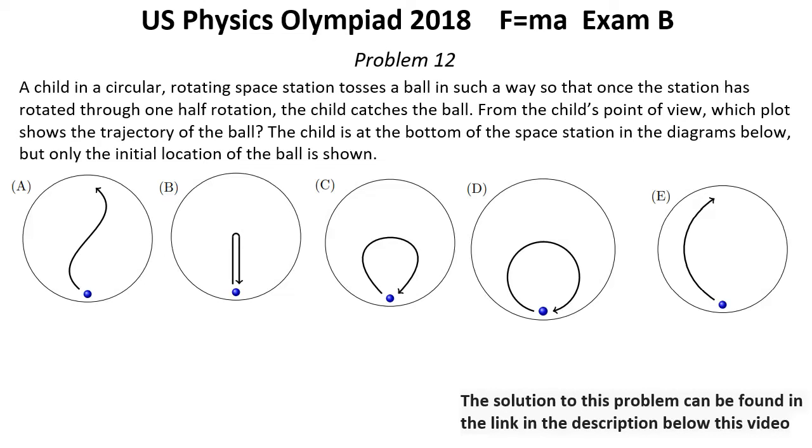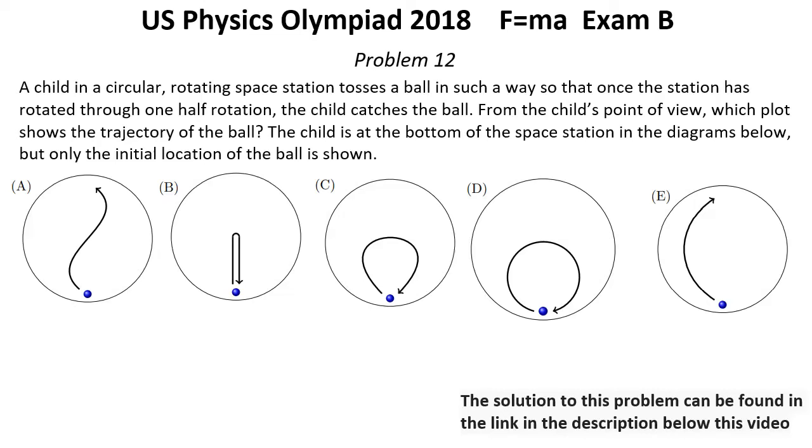So the relative velocity is directed both upward and leftward, giving choice C, and excluding B and D. Because for B we have only speed going to the center of this station, and in choice D we have only leftward motion. It is possible to solve this problem exactly, though this wasn't necessary.